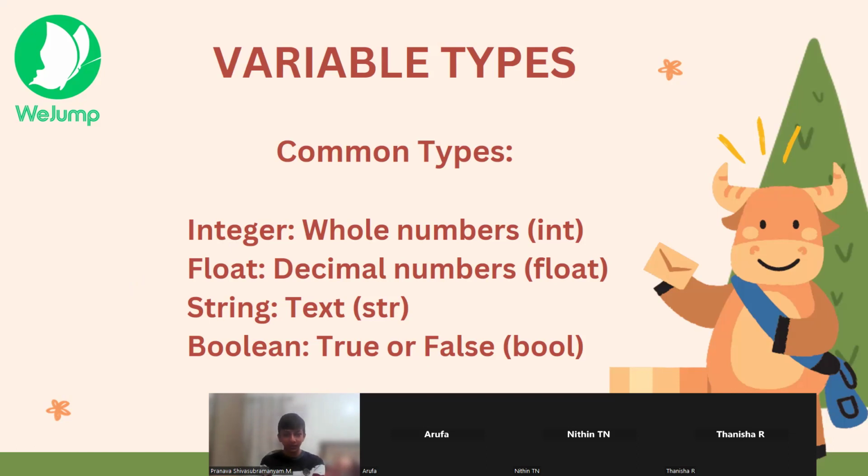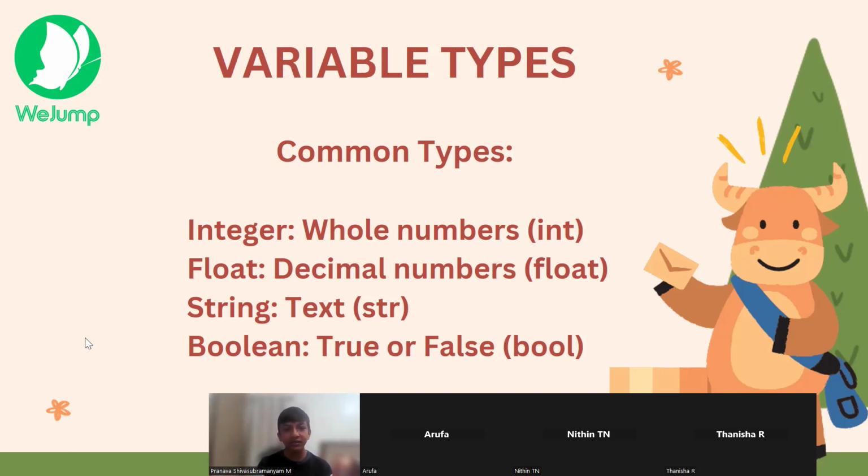No, I'm telling about whole numbers, not integers. Whole numbers are all the numbers including zero, starting from 0 to infinity, which don't have decimal points. So the integer is a type of variable which contains whole numbers.